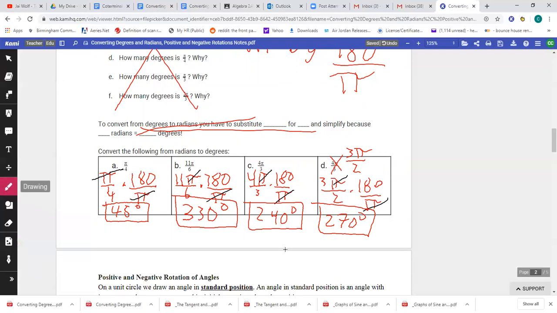Okay, and so I know, Susella, you got here a little late. All we're doing here is, when you measure distance, you could measure things in inches or centimeters. You could measure things in kilometers or miles. So now we're just learning that we could measure angles in degrees or something else called radians. So all this is saying is, remember how we were doing that unit circle last week? Remember how this was 45 degrees?